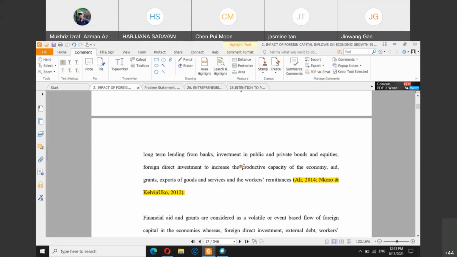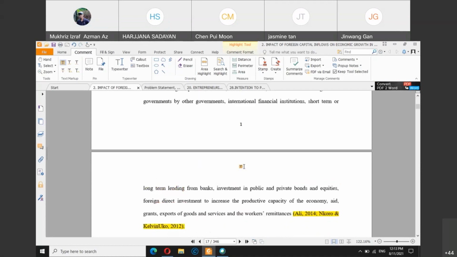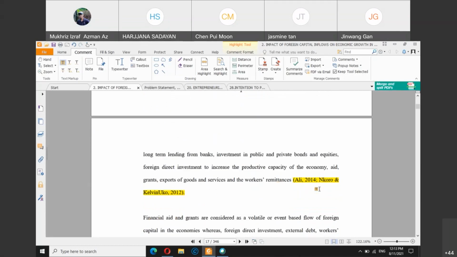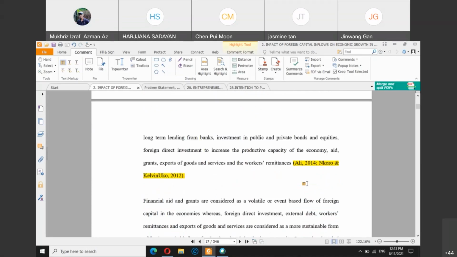So in thesis writing, you cannot simply write without referring to who actually said that, who actually came out with the statement, who actually mentioned this. So that is what the citation is about, meaning that you are going to refer to some studies to strengthen your argument. That is where academic writing is different from newspaper writing.